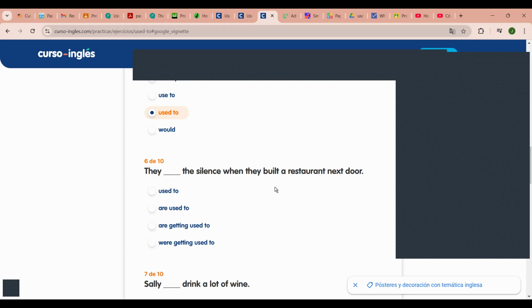What do we use? Are getting used to. ¿Y el pasado de are? Were. Good. Okay. Again? And they were getting used to the silence when they built a restaurant next door.